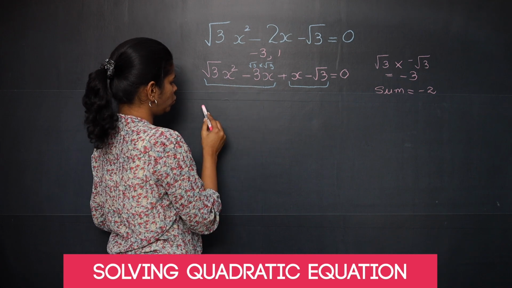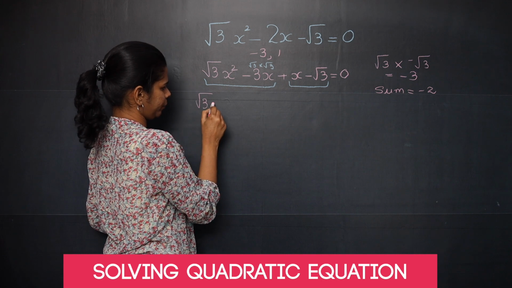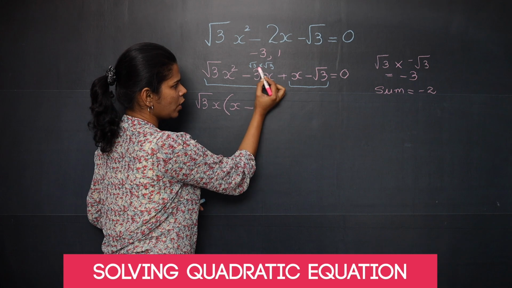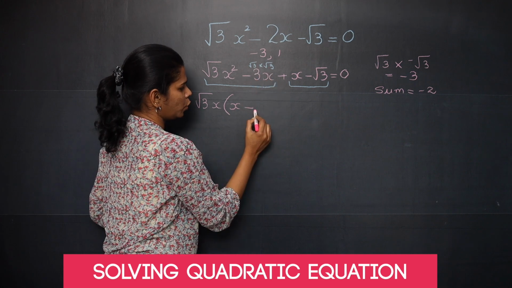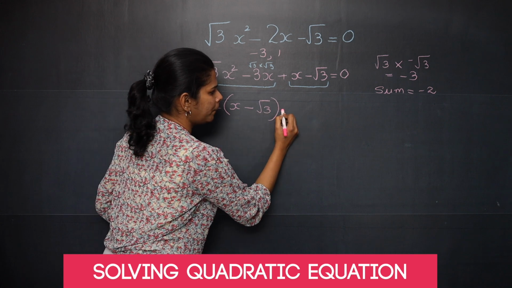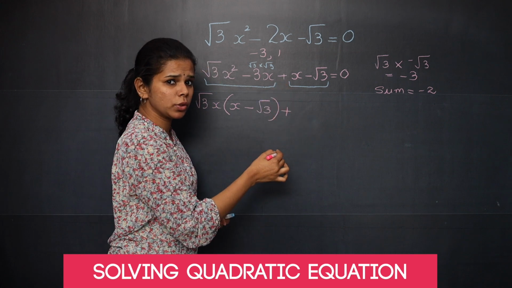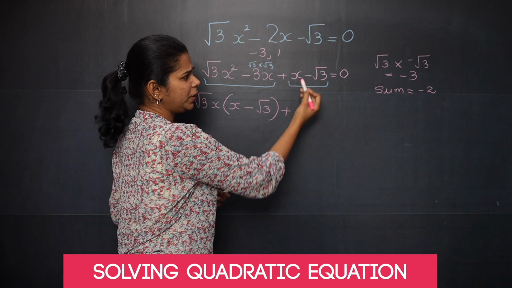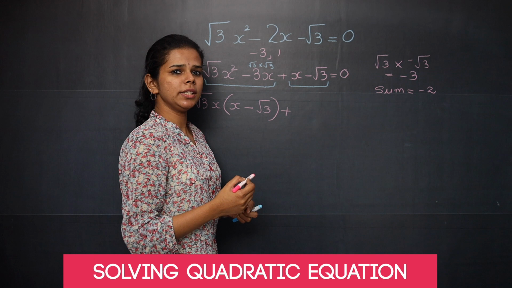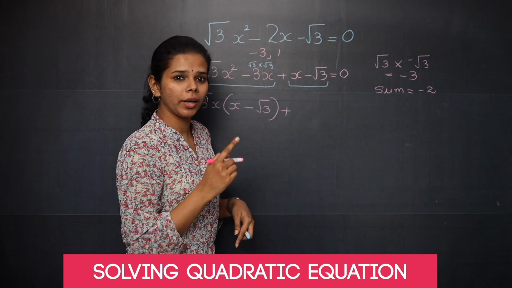So you will take root 3x common outside, and inside you will have x minus 1 root 3 is taken and you have root 3. Now plus, since it is plus outside the bracket, there will be no change inside. So here x minus root 3, you can see nothing is common, but you can write 1 is common.